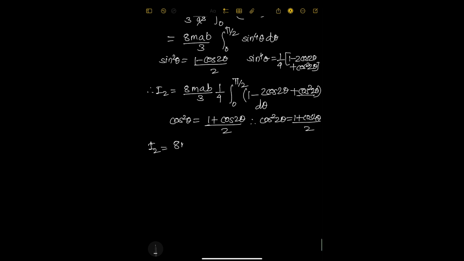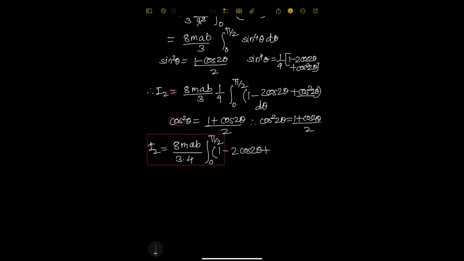Putting this value in I2, we get 8mab divided by 3 into 4, 0 to pi by 2, 1 minus 2 cos 2 theta plus 1 half plus cos 4 theta by 2 into d theta.